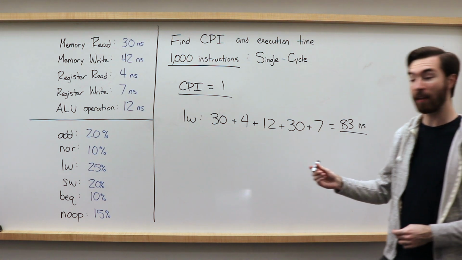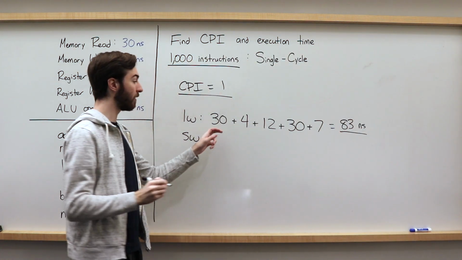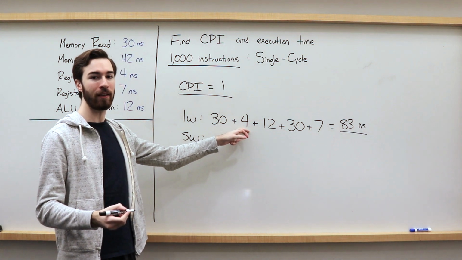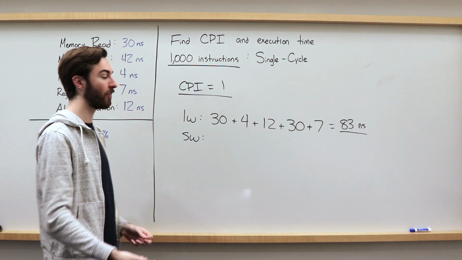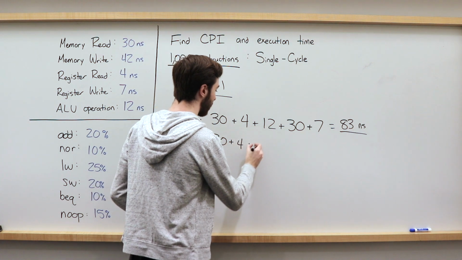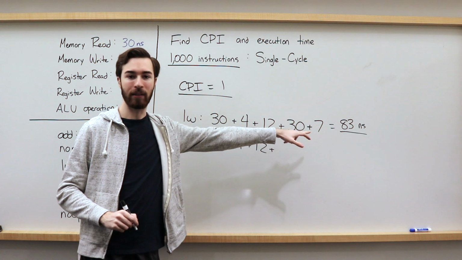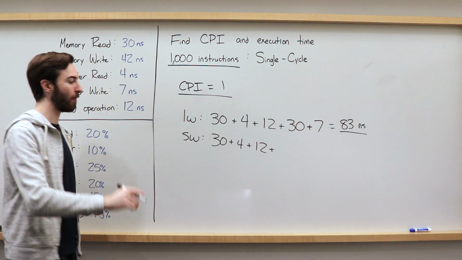Now we'll do the same thing for SW. The SW instruction also needs to read the instruction itself from memory first, then read the values from the register file, then perform an ALU operation between the value in register A and the value in register B. These latencies are all the same because they use the same components. But then instead of reading from memory and then writing to a register, we do a memory write to that location in memory.